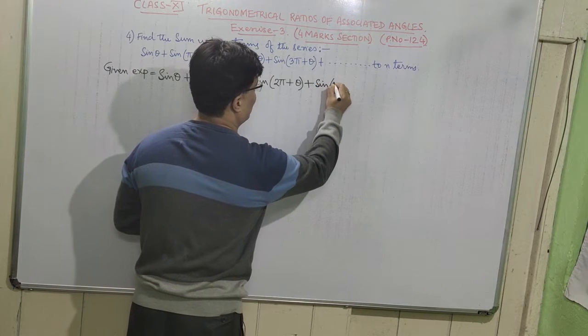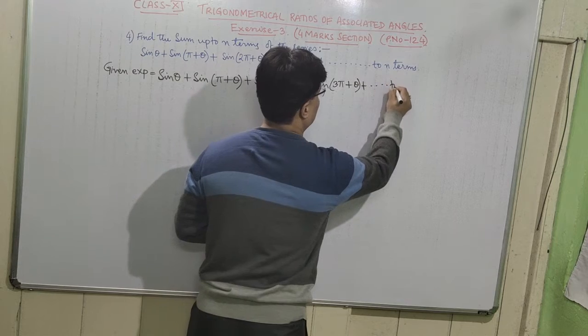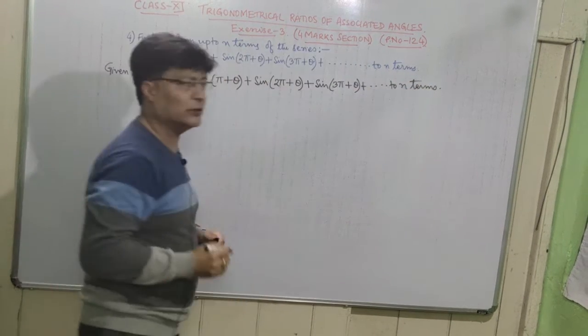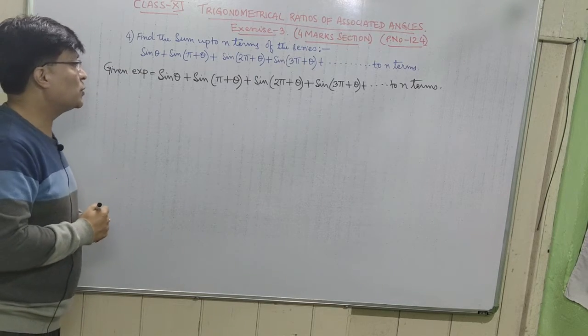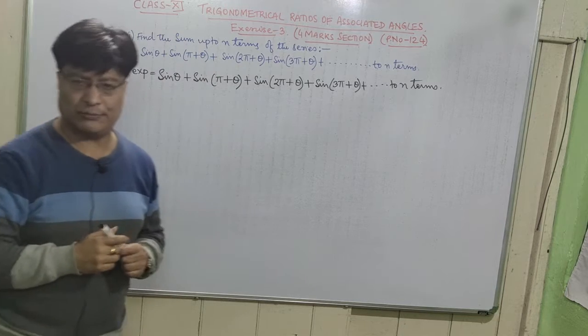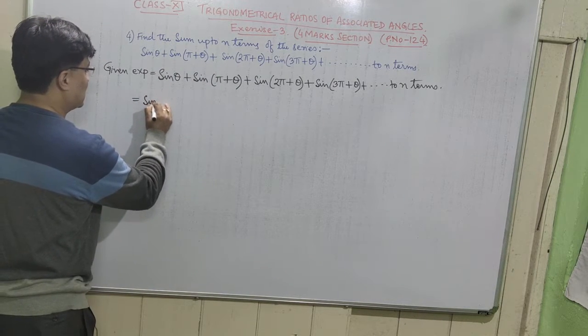It is sine of 3 pi plus theta plus dot dot dot, it goes up to n terms. Now let us write down the formula for all these given terms. The first term is sine theta, it remains as it is.